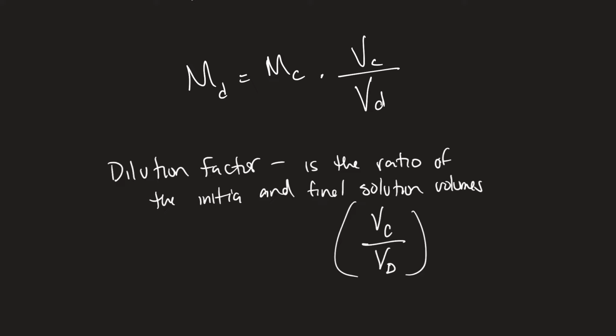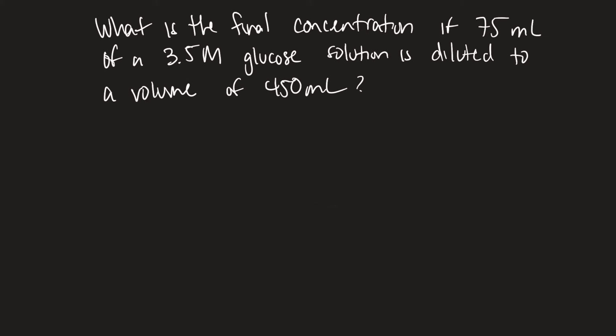Let's look at an example so that you can see how we could use these equations. What is the final concentration if 75 mL of a 3.5 molar glucose solution is diluted to a volume of 450 milliliters? Our overall equation is as such: molarity of the concentrated times the volume of the concentrated solution is equal to the molarity of the diluted solution times the volume of the diluted solution.